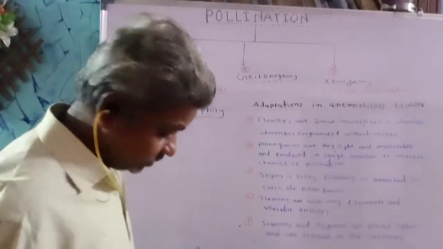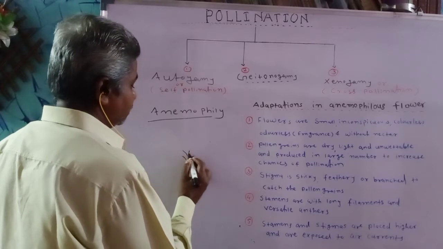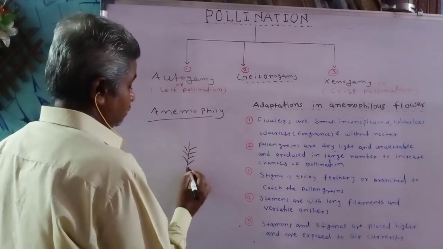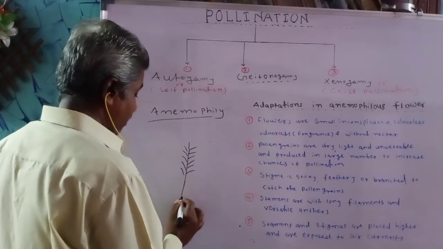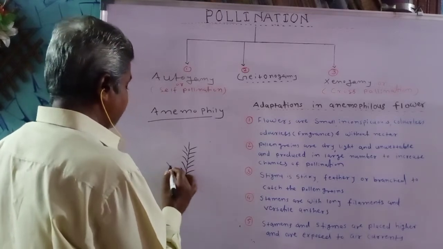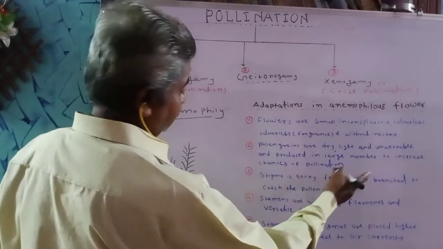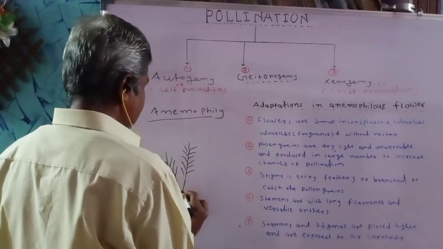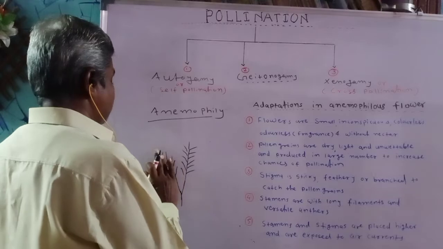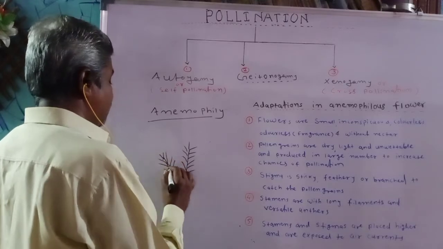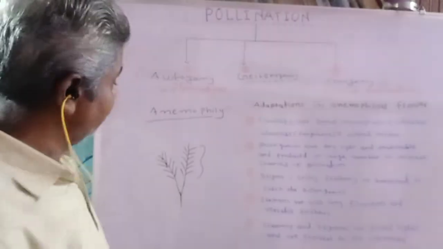In birds, there are feathers, like this. Sometimes the stigma is branched and feathery, branched in the sense like this.